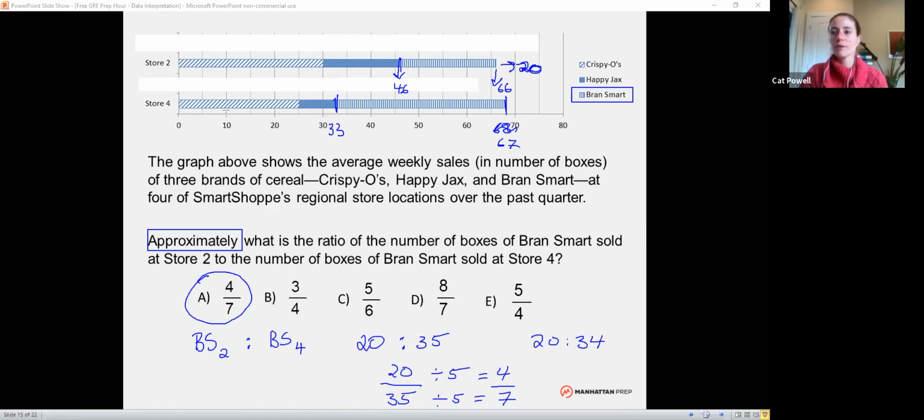All right. Let's do another question with the same graph. I'm just going to throw you guys into this. I'm going to give you 2 minutes. See how it goes.